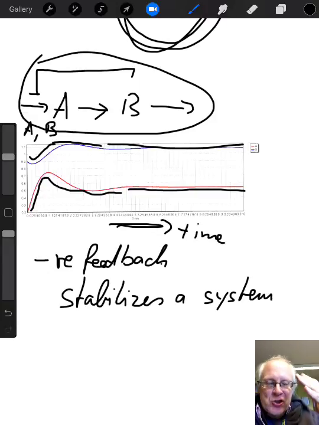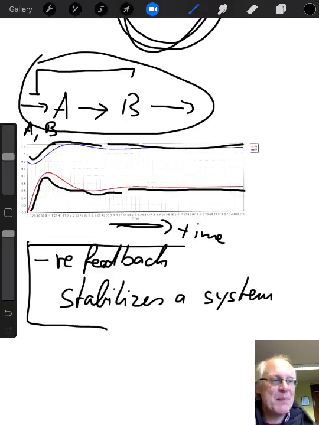And that is extremely important, because otherwise we would always have an enormous amount of fluctuations. So negative feedback is associated with stabilizing our life, basically. Life would not exist without these negative feedback loops.